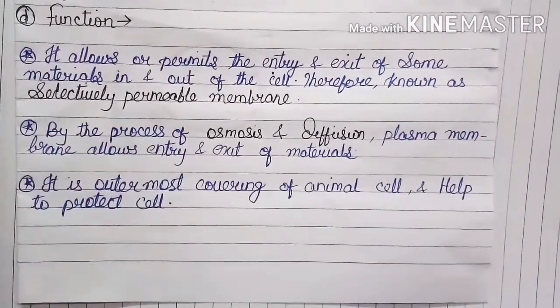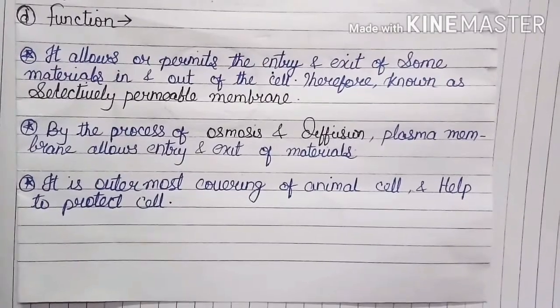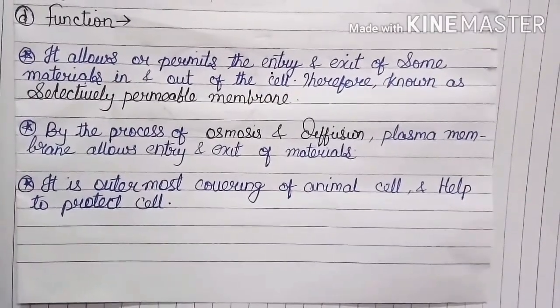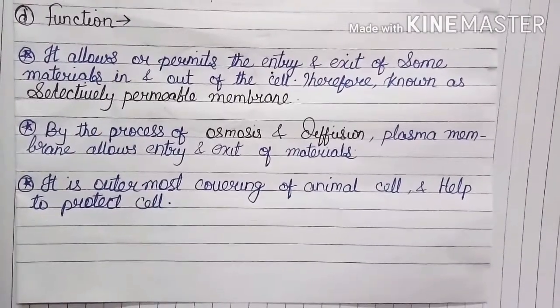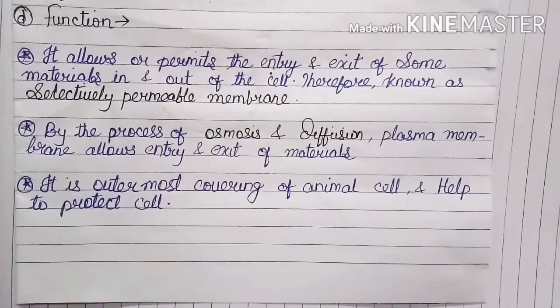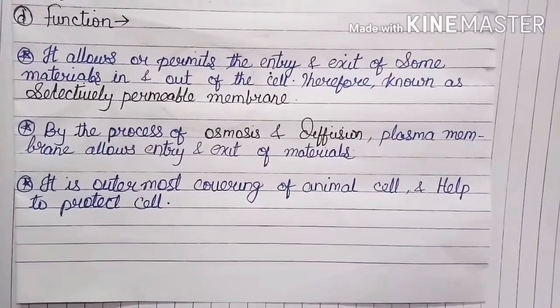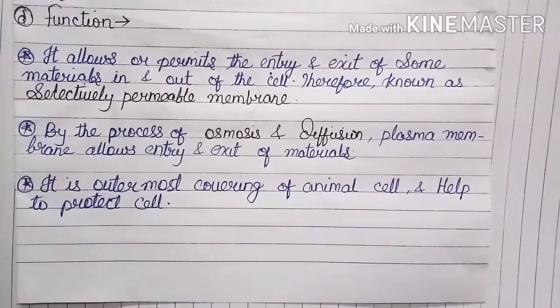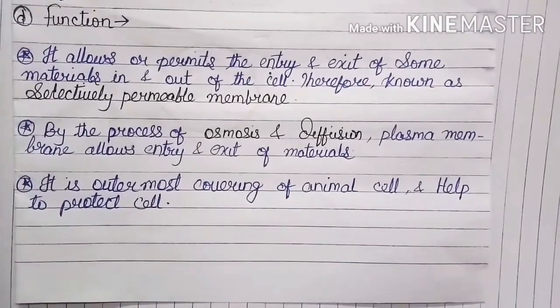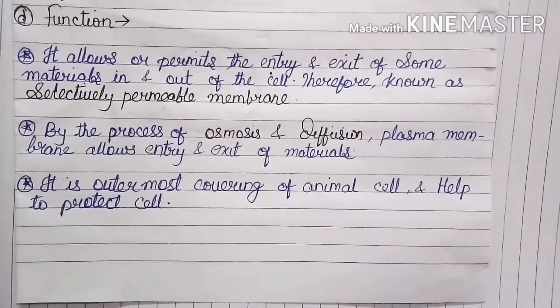Or we can say that if there is some waste material present inside the cell, cell membrane makes sure that this waste material gets out of the cell. So it selectively selects some material which goes in and out of the cell. That's why it is known as selectively permeable membrane, or we can say semi-permeable membrane.